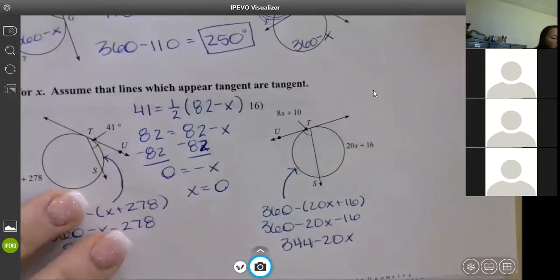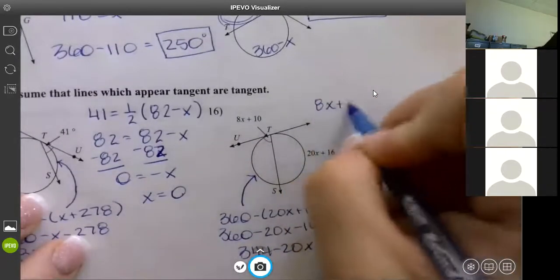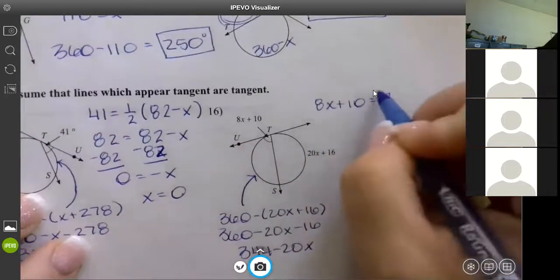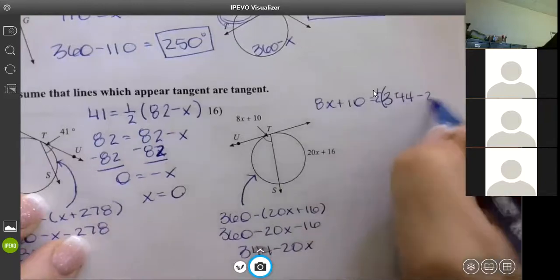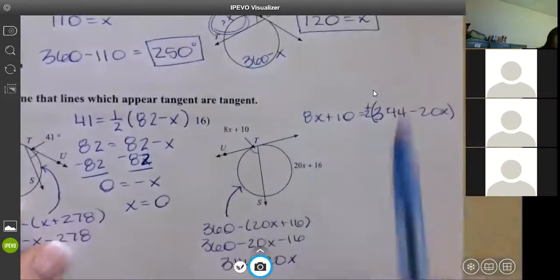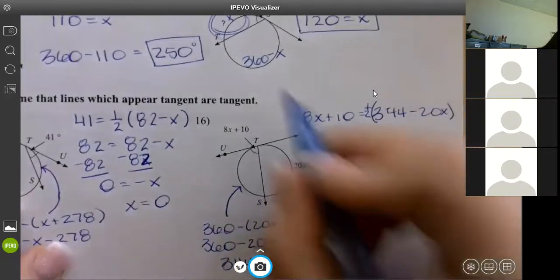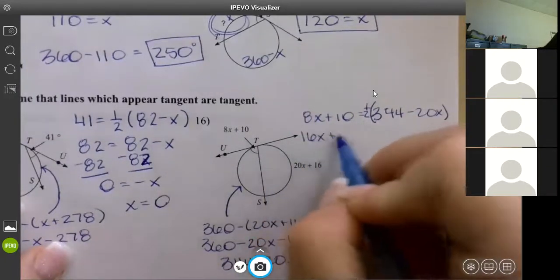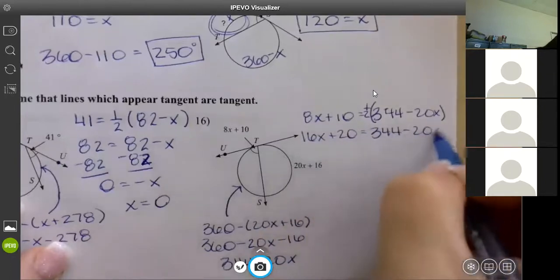We may have to come out and go back in, okay? Your angle is 8x plus 10 equals half of 344 minus 20x. Again, I multiply by 2, so 16x plus 20 equals 344 minus 20x.